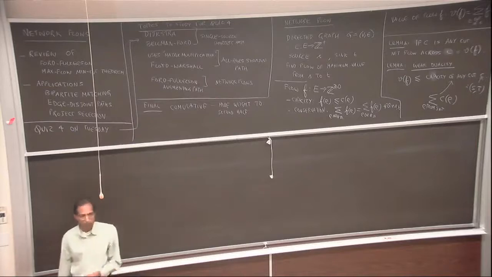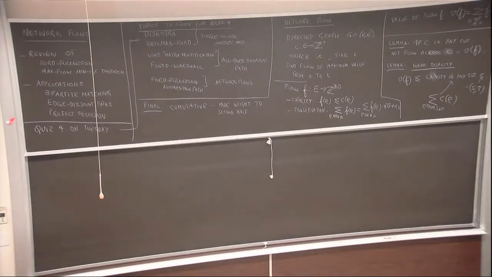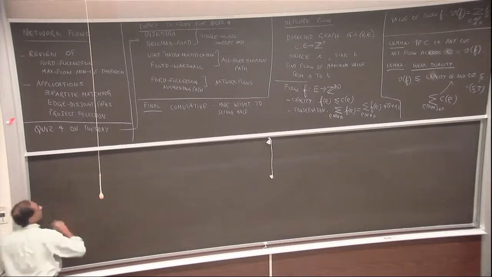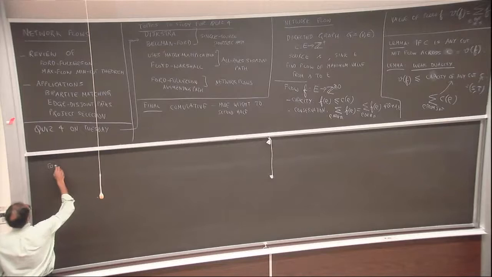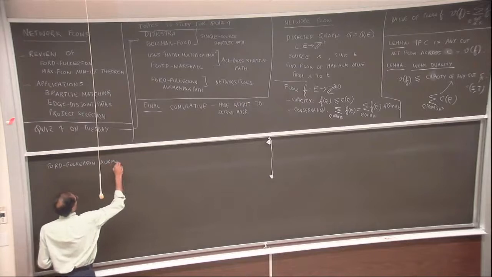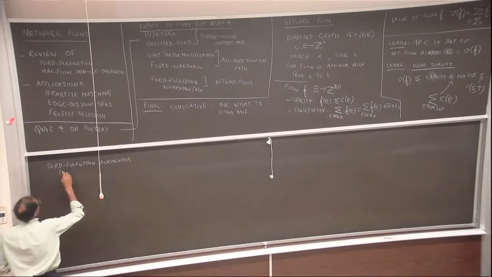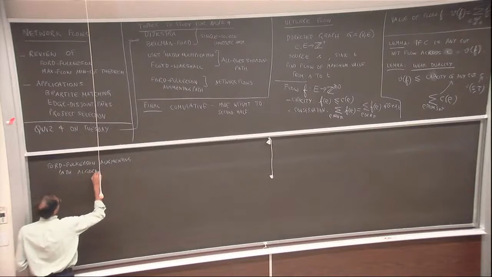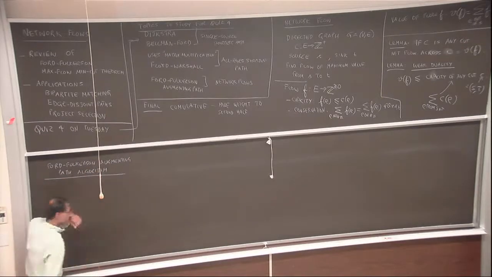algorithm as well as the max flow min cut theorem. Okay, so the Ford-Fulkerson augmenting path algorithm is: initially you start with a zero flow and then you repeatedly build the flow by finding an augmenting path, including that, finding the residual graph, and then repeating.